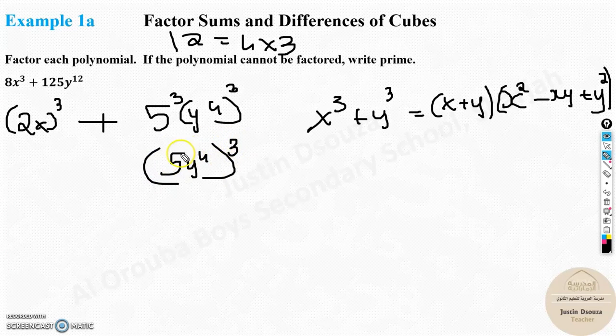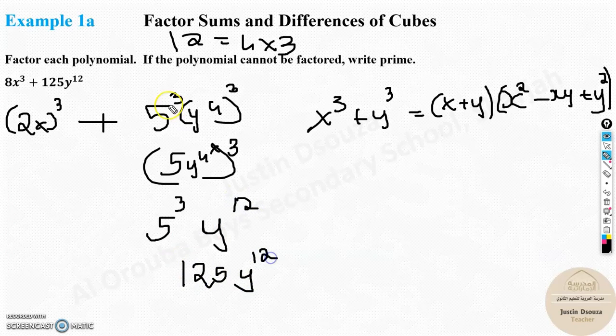You have to raise this to the cube, right? 5 cube, and the exponents are multiplied when you take a power of a power. When you multiply two powers, the exponents are added. So over here, 4 to the power 3, don't take 4 cube. No, you just multiply these powers, so it'll be 12. Now you will get the question back. It's the same. I have just rearranged and written this. I hope you understand.